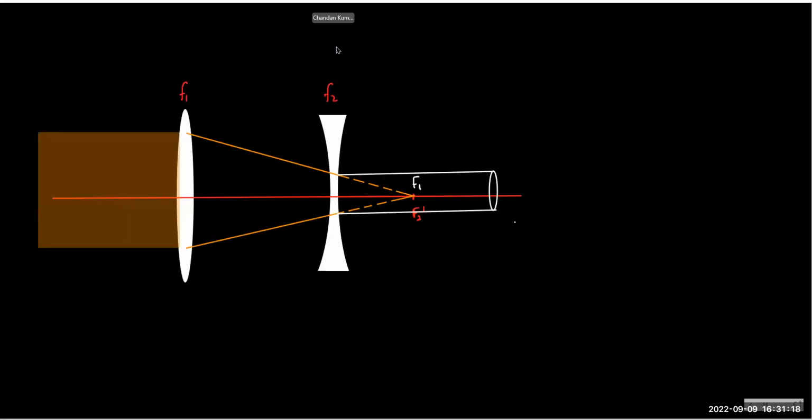So now a parallel beam will become parallel again. And in this case, is the beam going to be always narrow or broaden? It is always narrow.